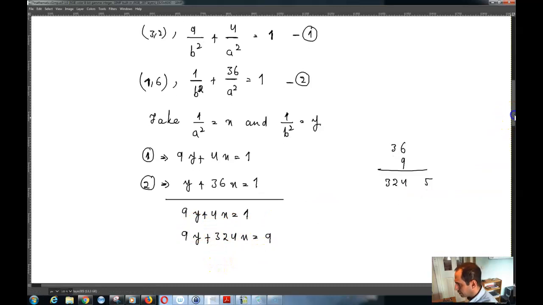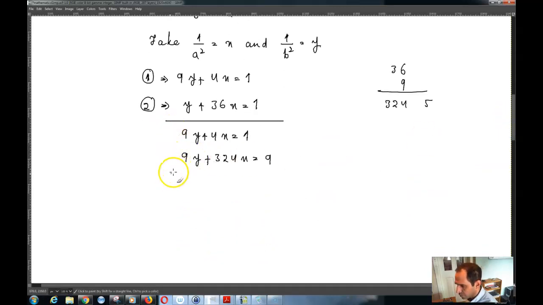Now I can subtract these two equations. The y terms cancel, and I'll get negative 324 plus 4, which is negative 320, times x, is equal to negative 8.